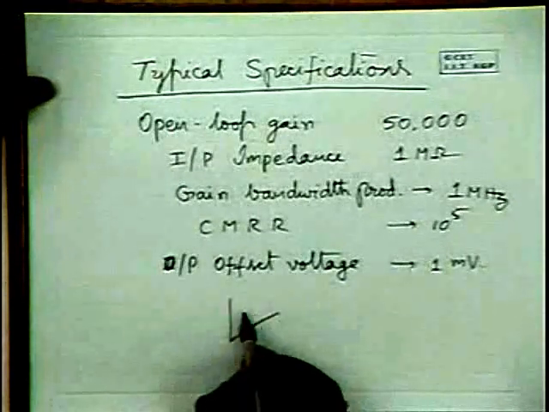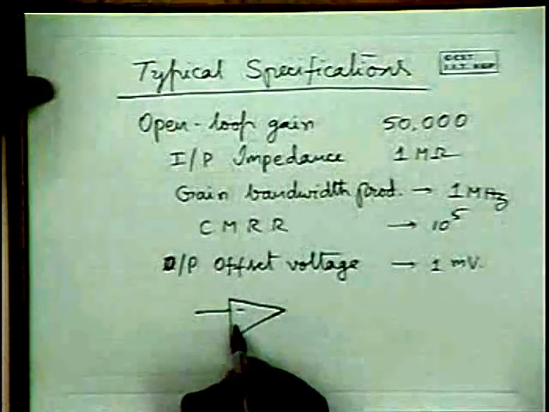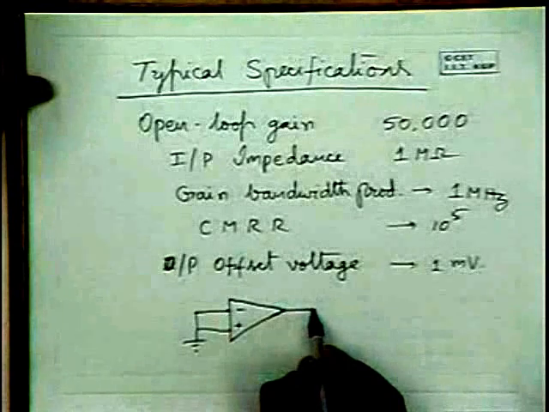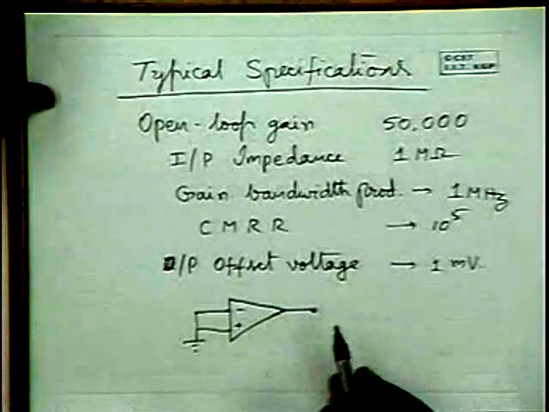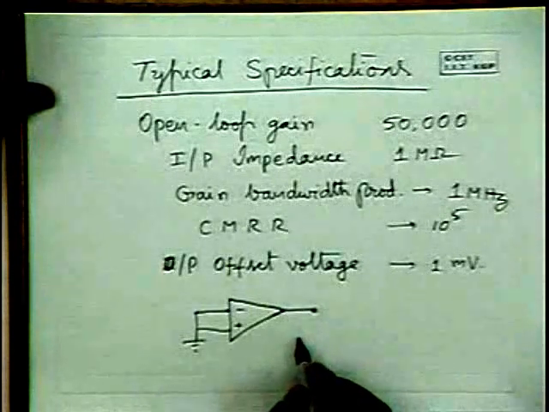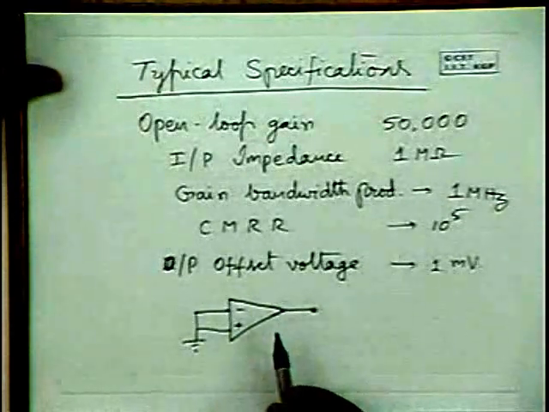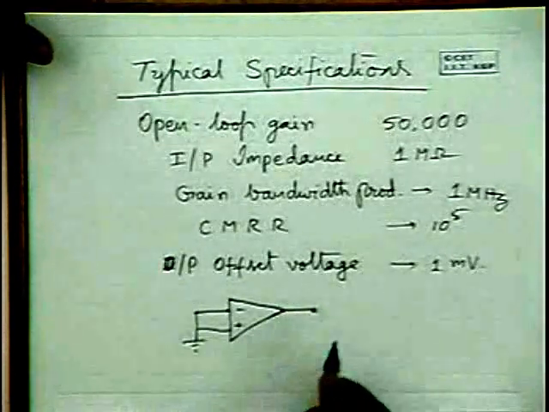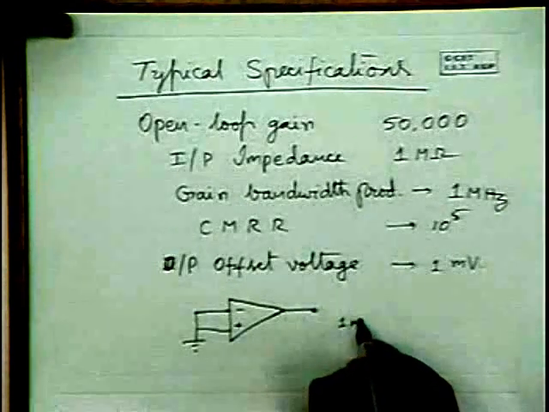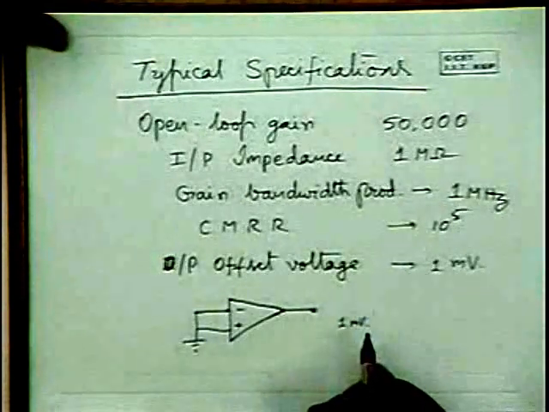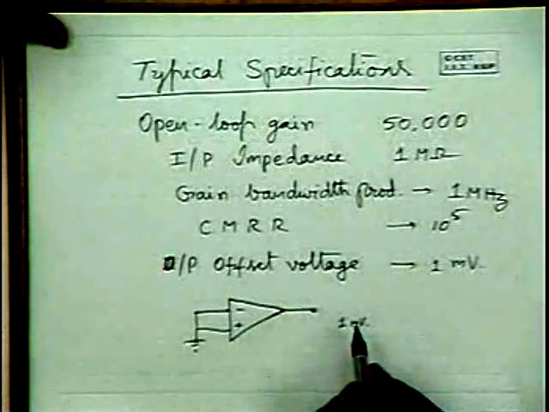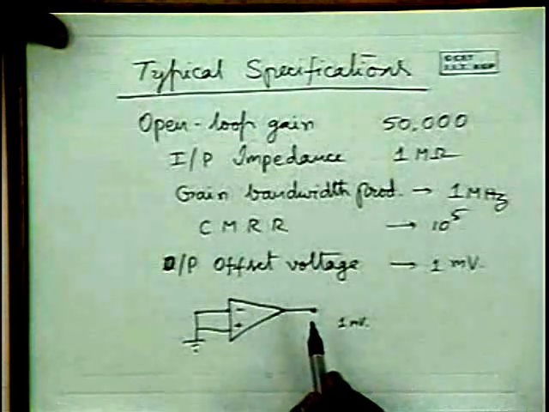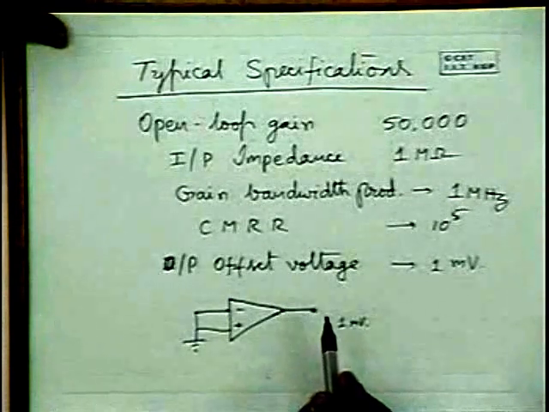When both the inputs are connected together and grounded, how much output is expected? The output that is expected is 0 volts because the input is absolutely 0. But we find that in practical operational amplifiers, we find some output voltage, of the order of a millivolt. This is because in an operational amplifier circuit, we have a level translator to bring down the level of the output voltage to 0 volts.